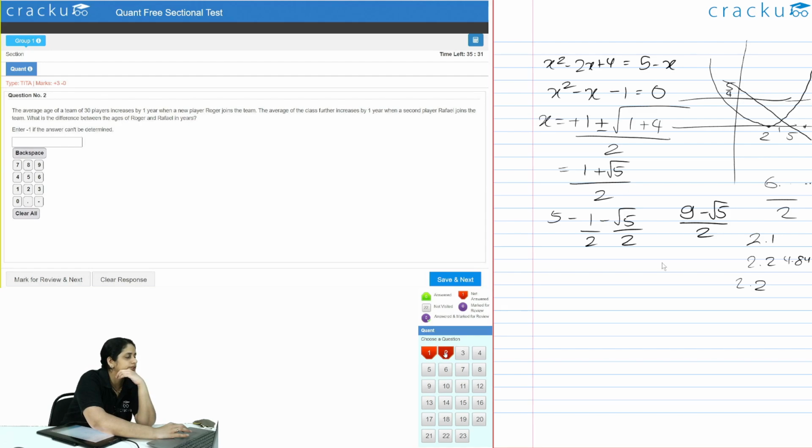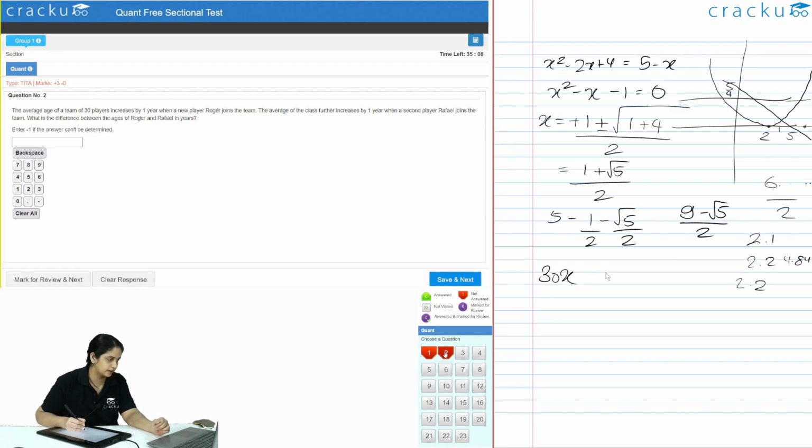The average age of a team of 30 players increases by 1 year when a new player, Roger, enters the team. So you had 30 players. Suppose the average was x. So the sum of the players was 30x.